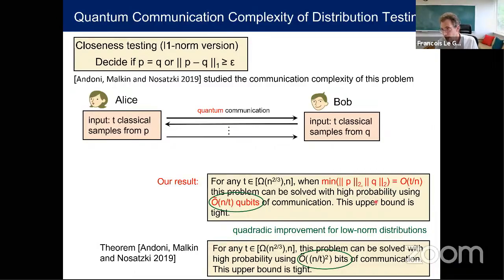Unfortunately, we have one condition for that upper bound to hold, which is that the minimum of the two norms of P and Q is at most t over n. So the distributions have low norm. Under this assumption, you can obtain a quadratic improvement over this lower bound.